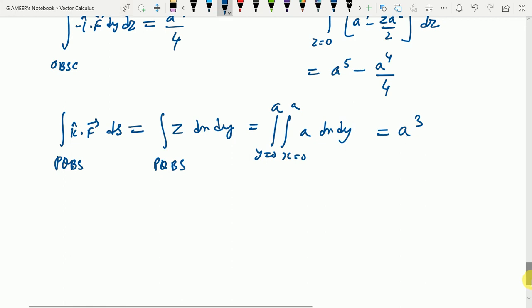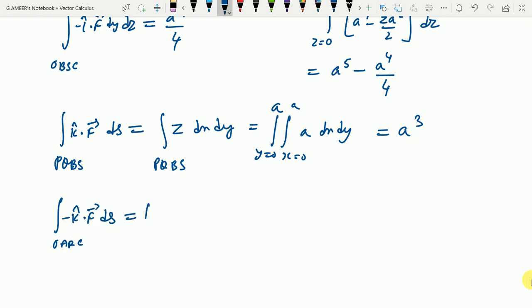The next integration will be OARC, that is minus k cap dot f ds, that is equal to OARC minus z into dx dy, but z is 0. When I substitute, I'll get it as 0. So that is also over.